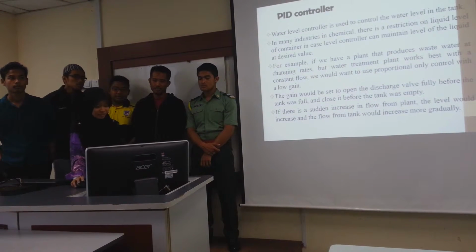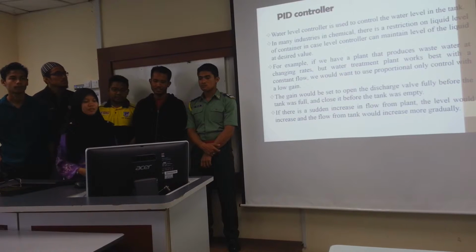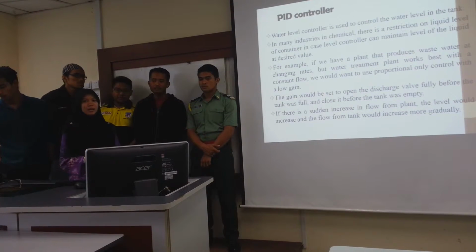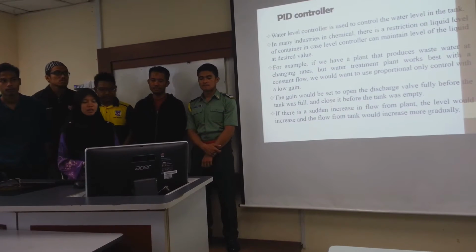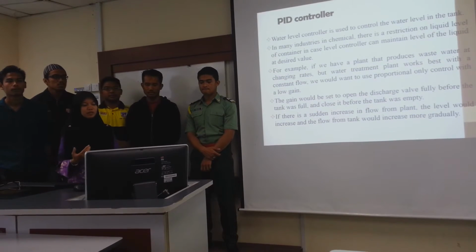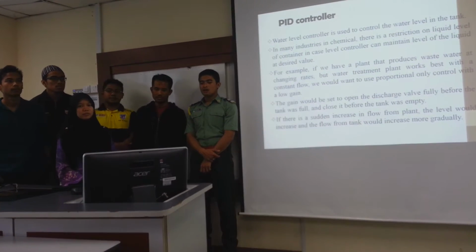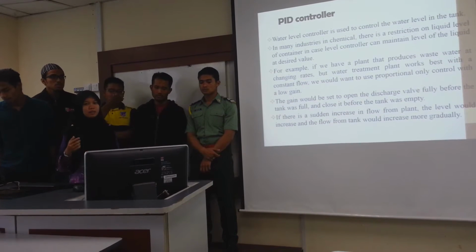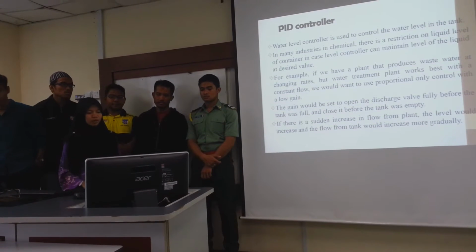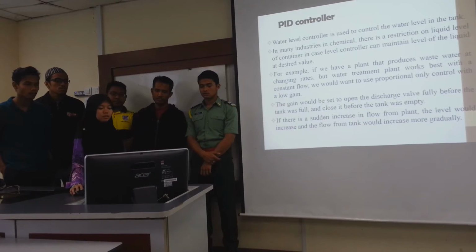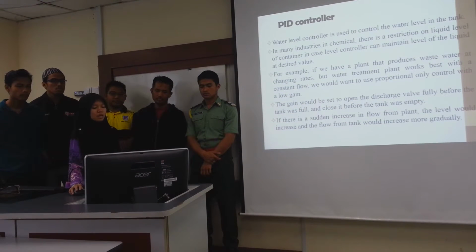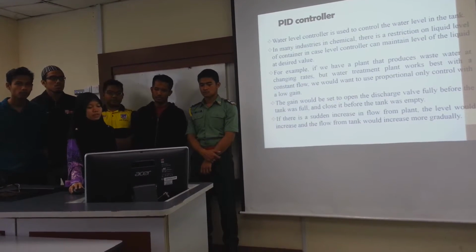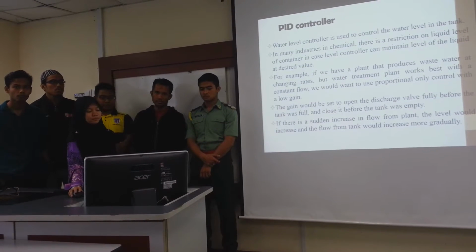Okay, for example, if we have a plant, that plant can produce wastewater, but the water treatment plant can work in the best way by making a constant flow. So what we want is to use the proportional with a low gain.